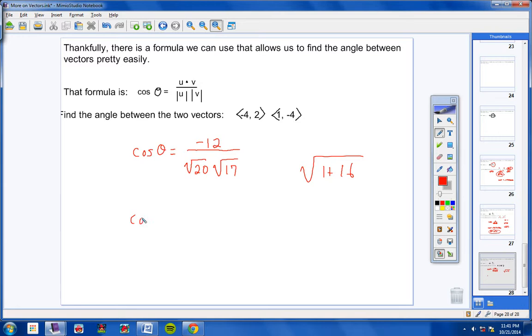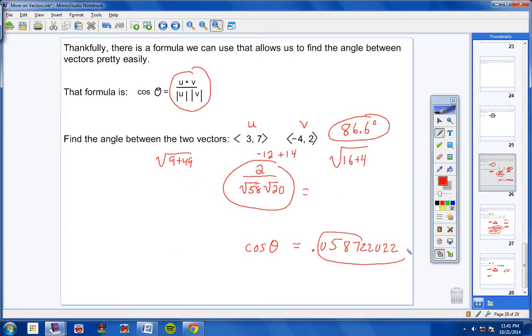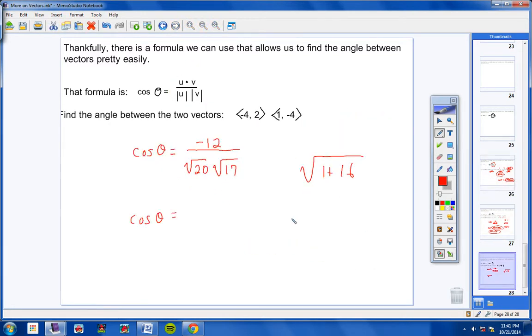Okay, so now if you're having a hard time getting out the correct decimal right here and right here, let me tell you how I'm typing this into my calculator. I'm typing into my calculator square root of 20, then I hit enter, then times square root of 17, then enter again.